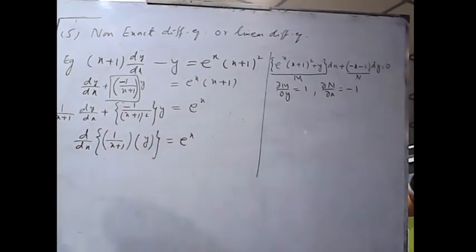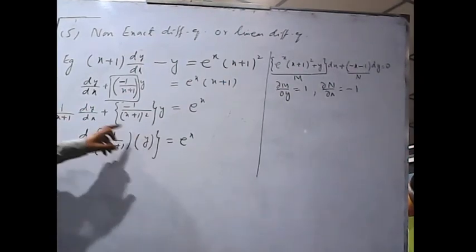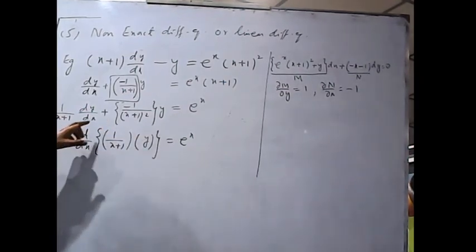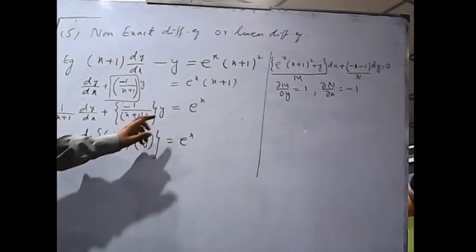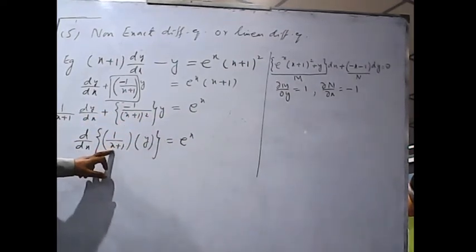The left hand side expression always maintains the u into v formula, where u is equal to the integrating factor and v is equal to y, the dependent variable. You can easily check: u as it is, derivative of y which is dy by dx, y as it is, derivative of 1 upon x plus 1.